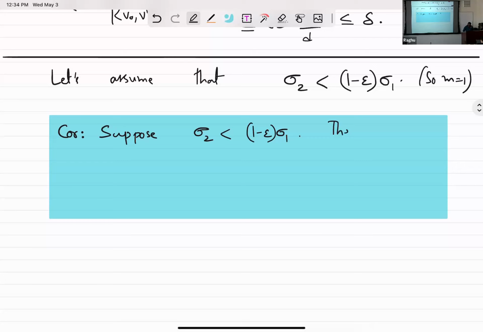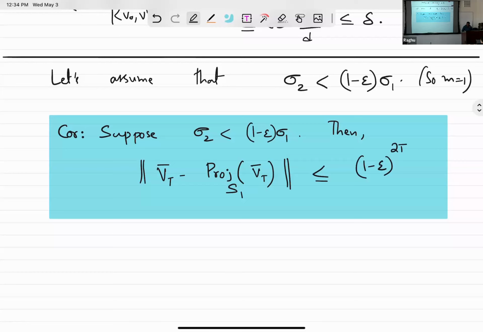Then after t iterations, the vector that you have will have almost all of its weight along the first principal singular vector. In particular, its projection onto the first singular vector will be very close to the entire vector.